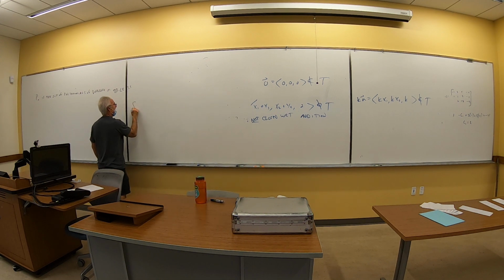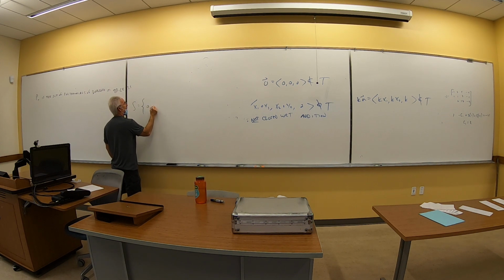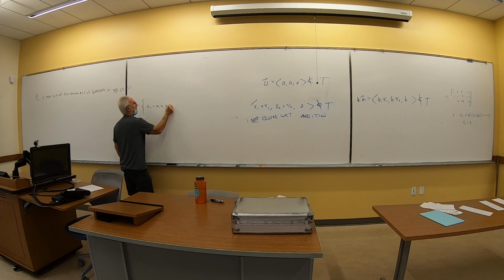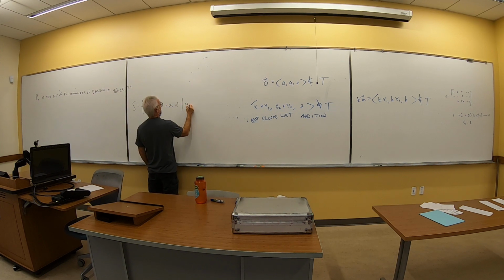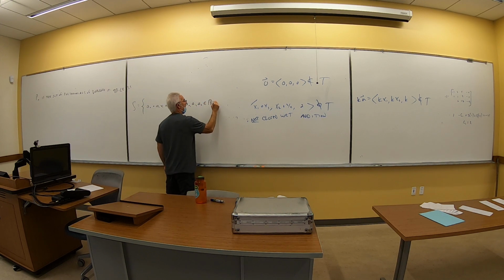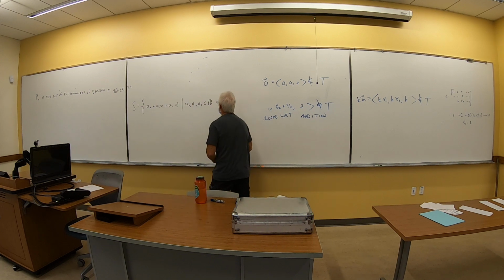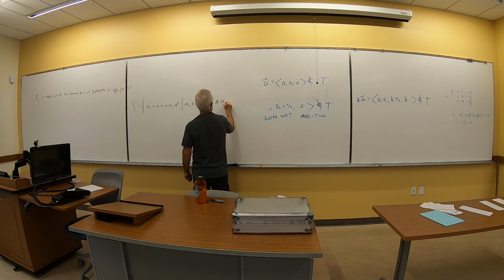Call it set S. S is the set of all things of the form a0 plus a1x plus a2x squared, such that a0, a1, a2 can be any real number. Oops, sorry. And a2 is not equal to 0.